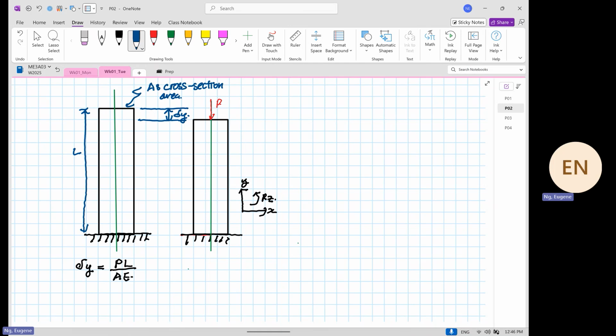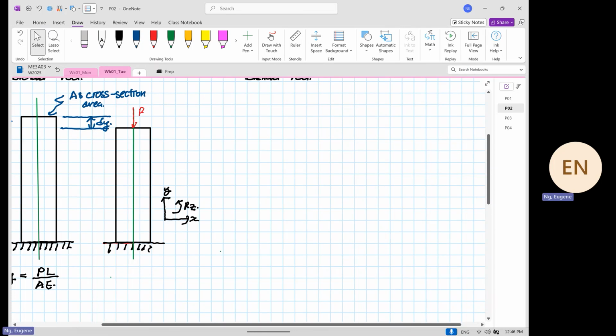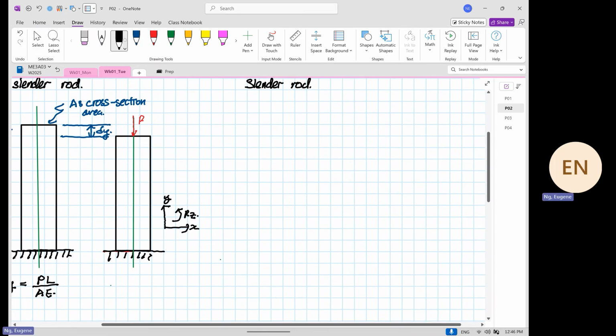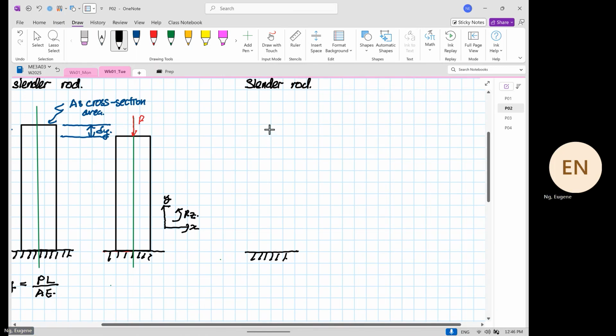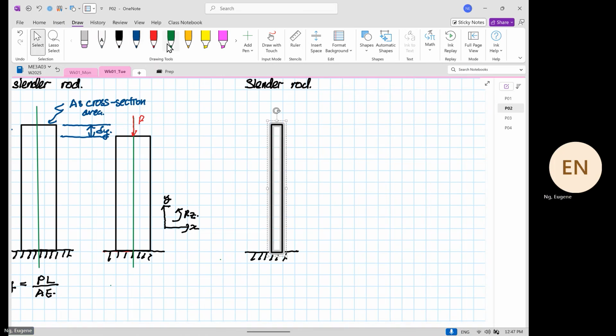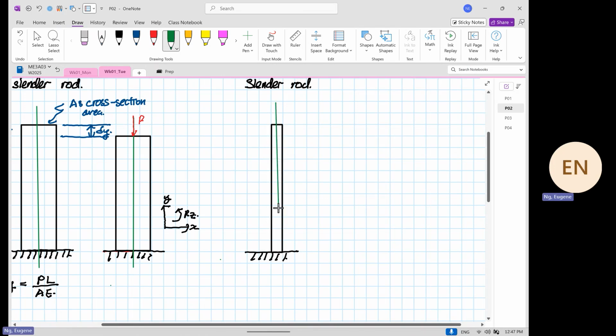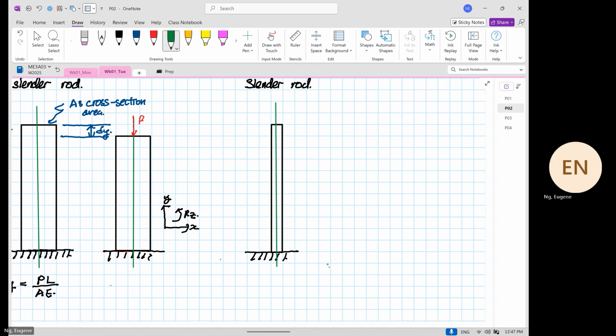Okay. Now, if it is a slender rod, it's different. So when it is a slender rod, what will happen? Eugene is definitely not a slender rod, okay? Right? So what we have over here is a slender rod.